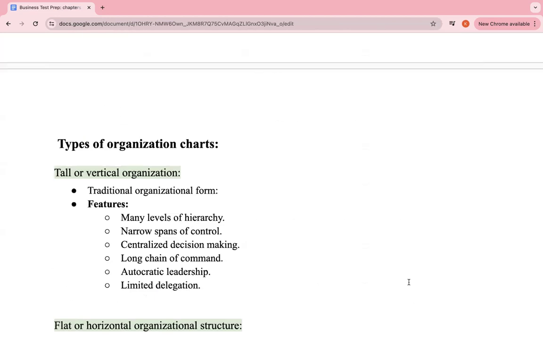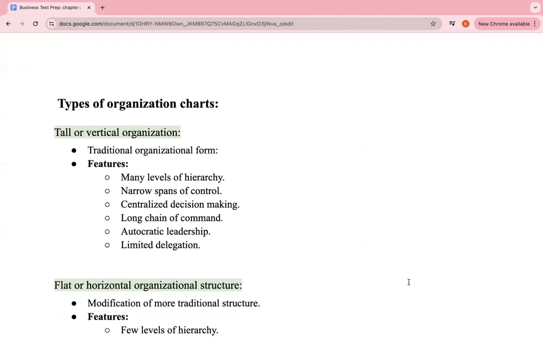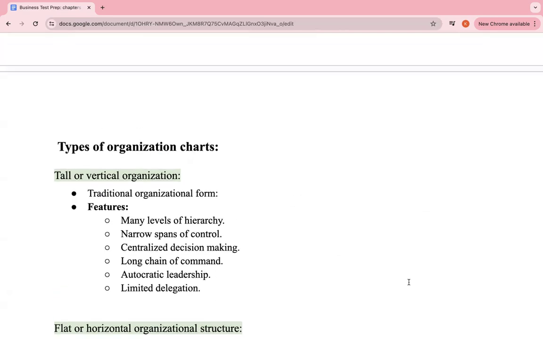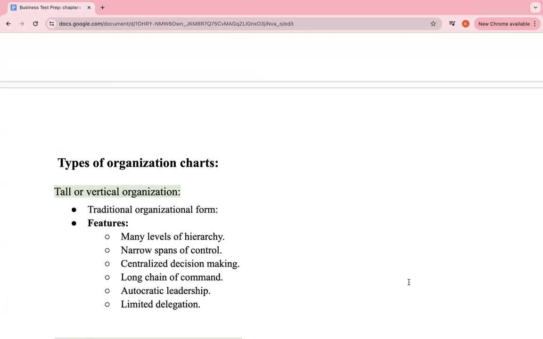Now, we need to go to the types of organization chart. So you have taller vertical organizations. They're the kind of traditional organization form. What are their features? They have many levels of hierarchy. They have narrow spans of control, meaning that, for example, a manager is not in charge of many employees.